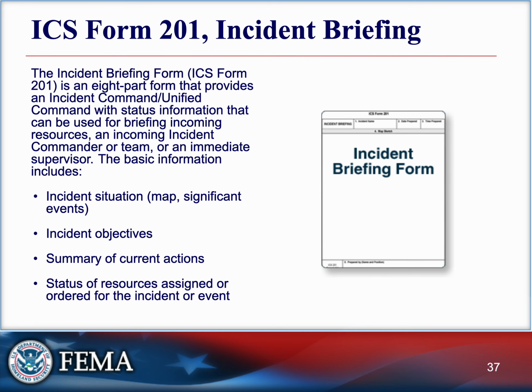So now we'll talk about ICS Form 201, which is the initial incident briefing tool. It includes map and situation, current objectives, resources on scene, and an organizational chart. This form often becomes the first IAP until the planning division gets up and running and completes their IAP.